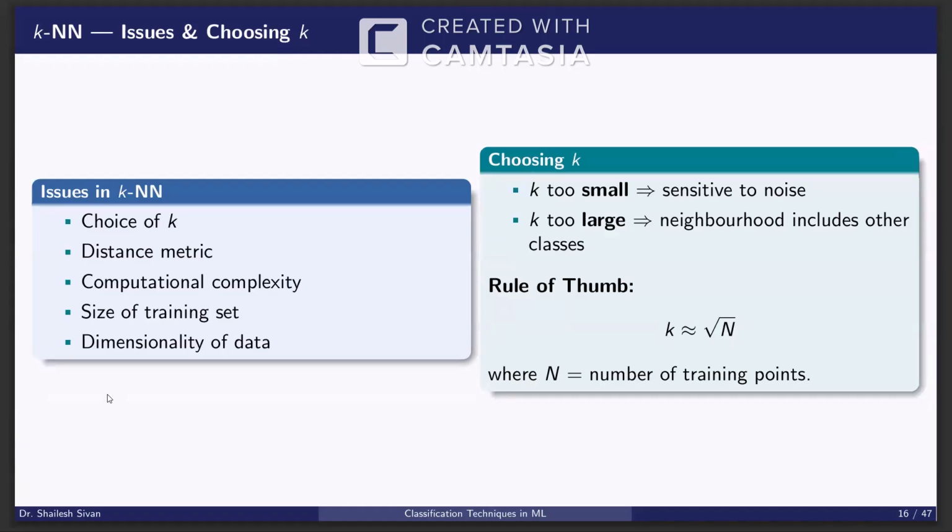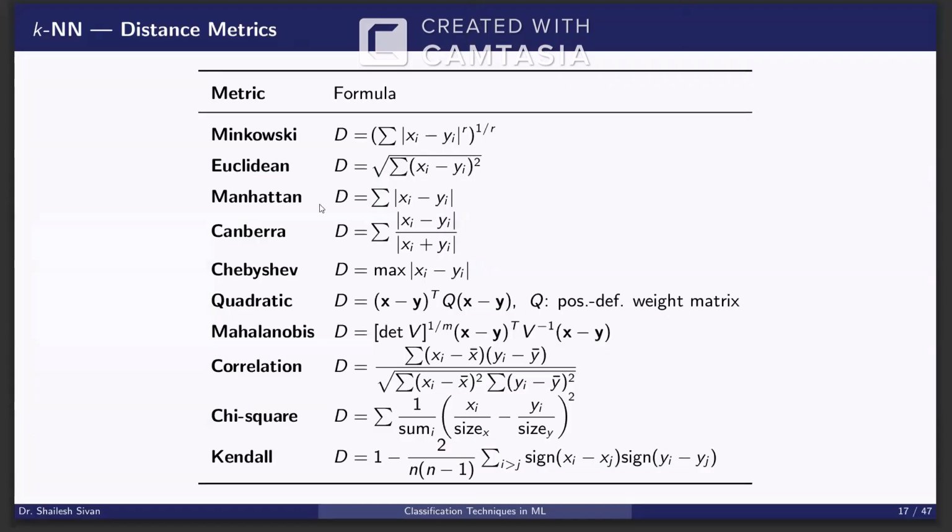And the choice of functions we can use for this: we usually use the Euclidean distance, that is the root of sigma (xi minus yi) whole square. Similar to that, there are other measures.